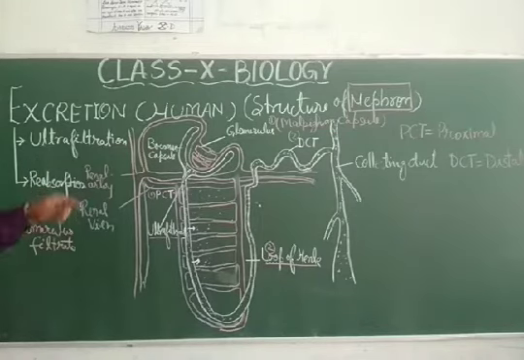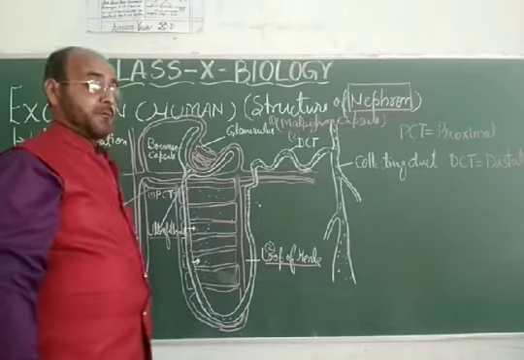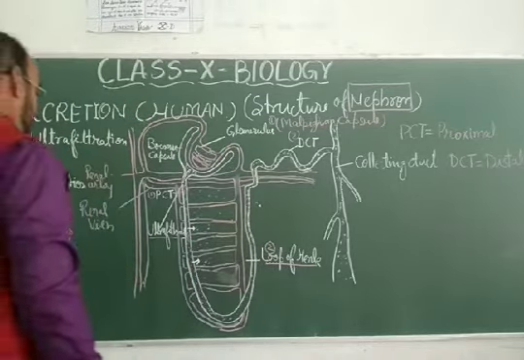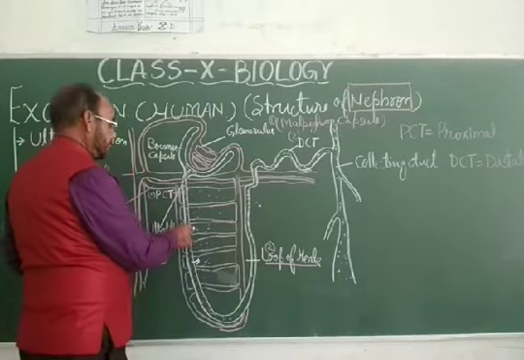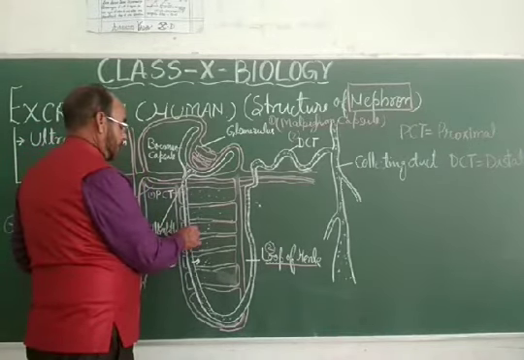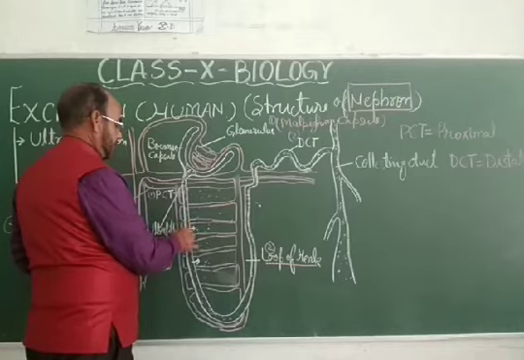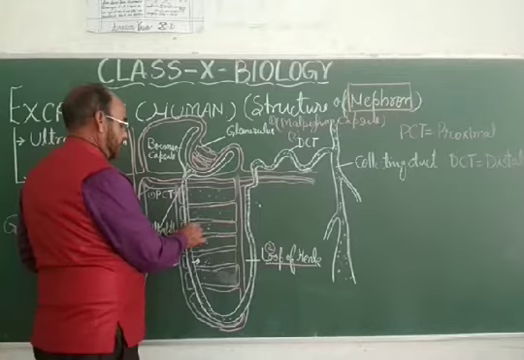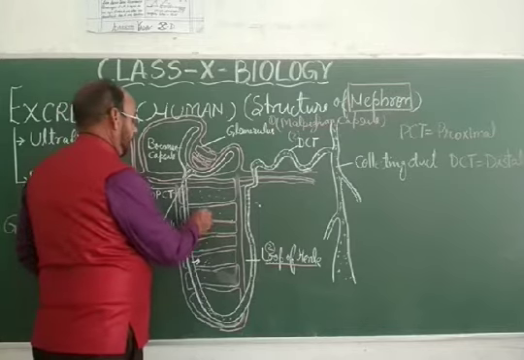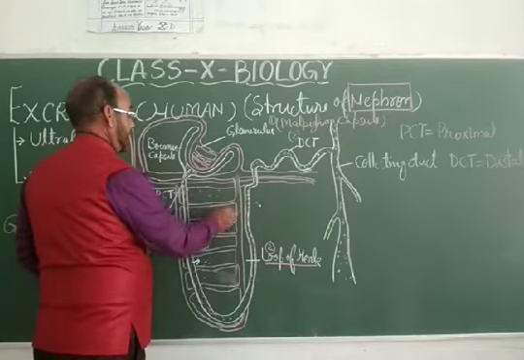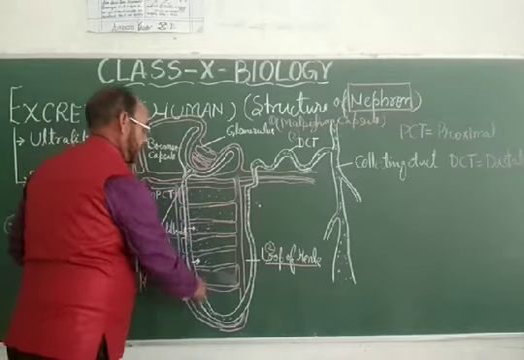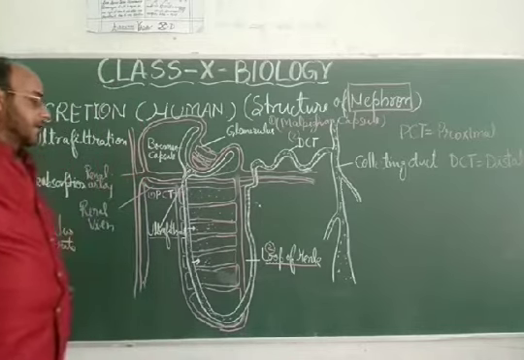Dear students, this reabsorption takes place with the help of the secretory property of the tubule wall. The tubule wall absorbs the essential materials from the nitrogenous waste, and with its secretory property it secretes that material into the tissue fluid, which is available in the net of blood capillaries running around the U-like structure called the loop of Henle.